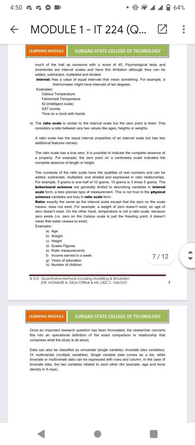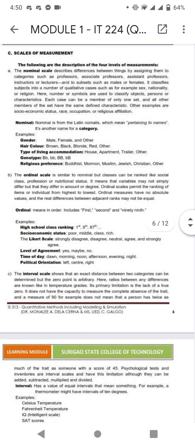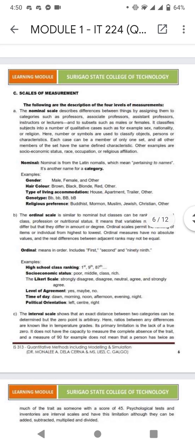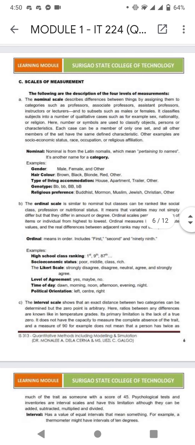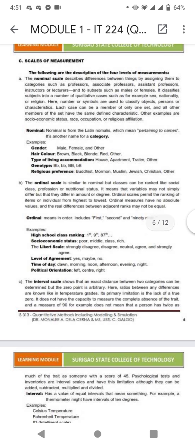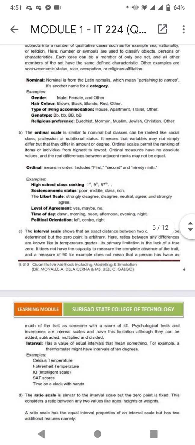The first one is the nominal scale, which describes differences between things by assigning them to categories. So the categorical scale is the nominal scale. For example, genders, hair colors, types of living accommodation, and so on. The ordinal scale is similar to nominal, but classes can be ranked.